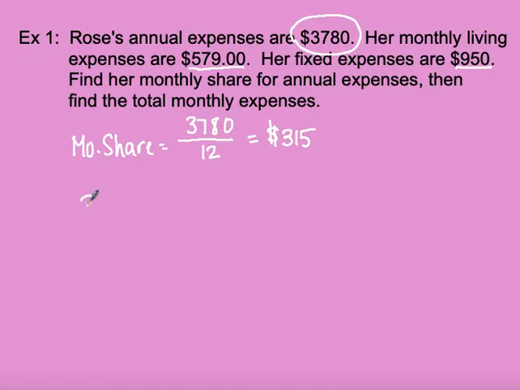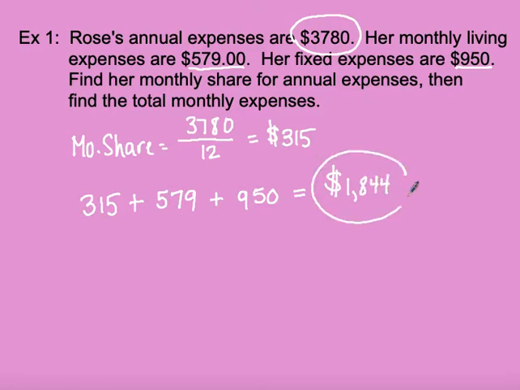So we're going to take her monthly share of her annual expenses and we're going to add that to her monthly living, which is $579. And we're going to add that to her fixed expenses at $950. So her total expenses for the month is going to be $1,844. Now, hopefully her job will net her pay that will cover all of those costs. If not, then she will need to readjust that budget.